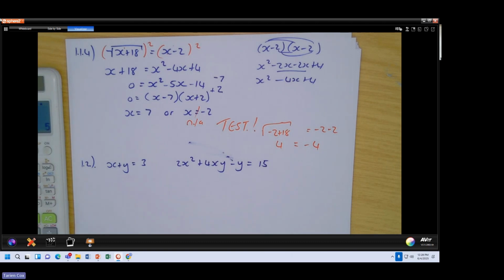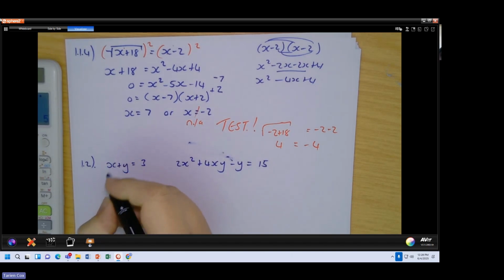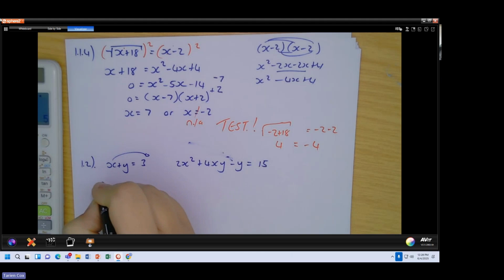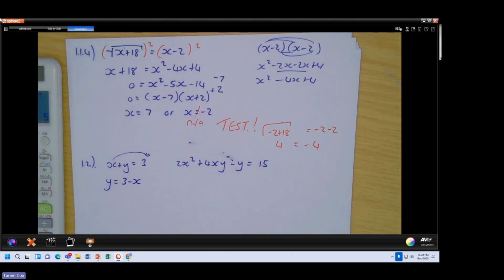So here, I need to decide which one, either the x or the y, I'm going to make the subject so that I can go and substitute the answer into the bigger equation, which is the quadratic. So I'm deciding to keep the y, and I'm going to move this x over, and I'm going to say y will then be 3 minus x, which means every single time I see a y, I know it is equal to 3 minus x.